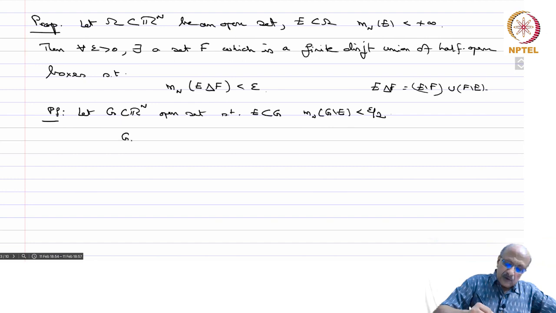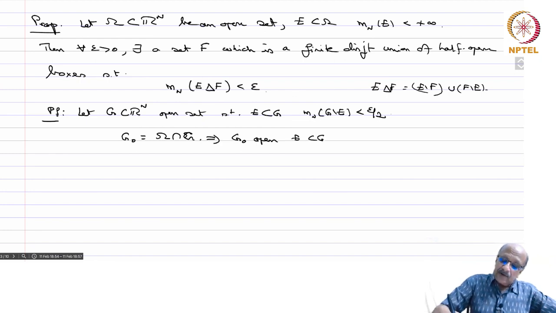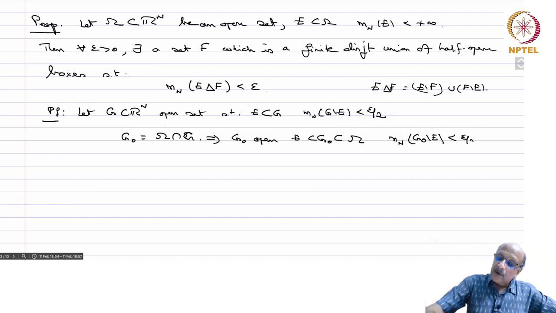So you set G0 equals omega intersection G. Then G0 is also open because omega is open, and then E contained in G0, and then that is of course contained in omega because G0 itself is subset of omega, and then Mn of G0 minus E is also less than epsilon by 2 because G0 is contained in G, and Mn of G minus E is less than epsilon by 2.